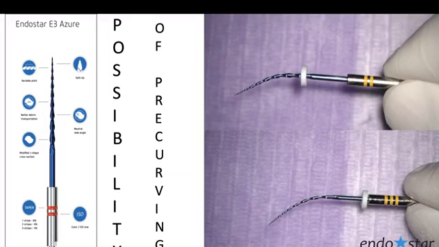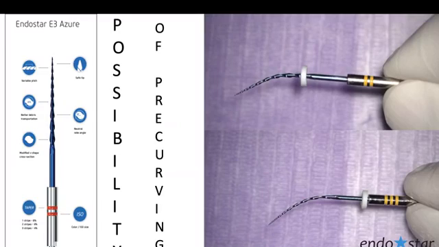So if we talk a little bit about this instrument, I know there are many lecturers who talked about it before me, about the anatomy of the instrument, the geometry of the instrument. So I won't go into details in this. It's not my specialty. I want to show my clinical experience, my clinical input with this instrument. But let's say something very important. It's the section of the instrument.